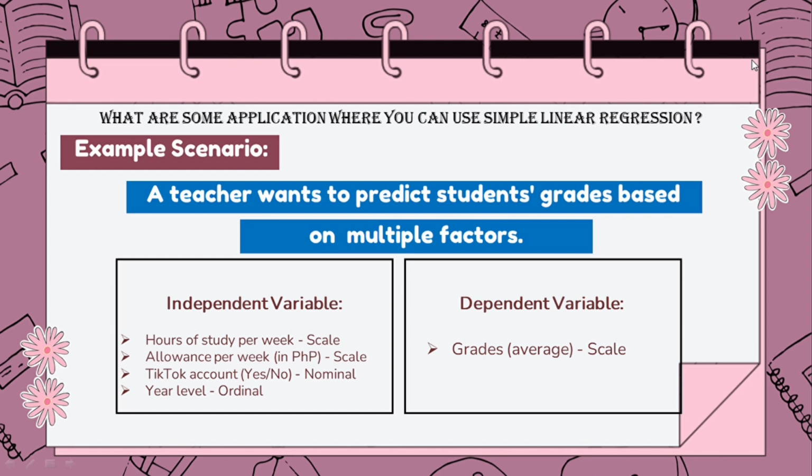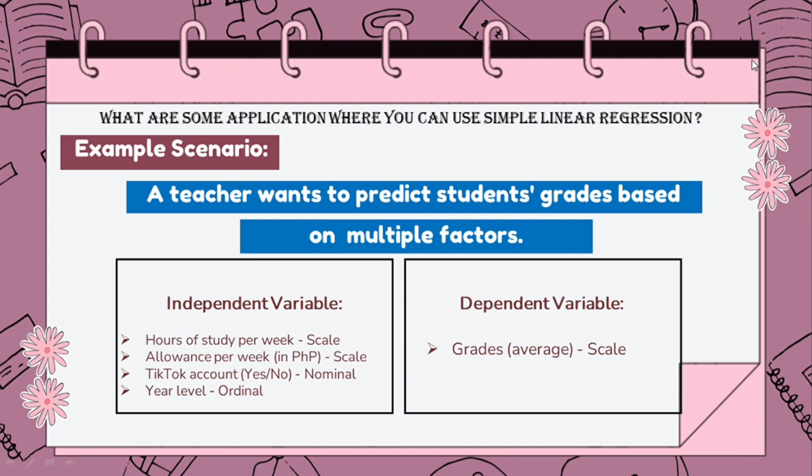After collecting data from students, the teacher uses simple linear regression with one independent variable, hours of study per week. Simple linear regression can be used in applications where you need to predict one outcome based on a single factor. For example, predicting a student's average grades, which is the dependent variable, based on their hours of study per week, which is the independent variable.